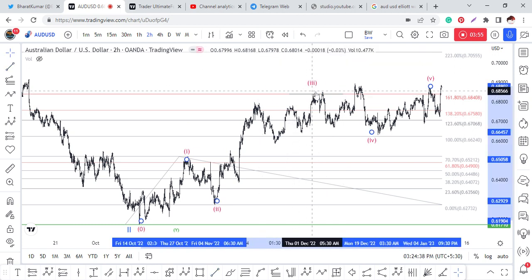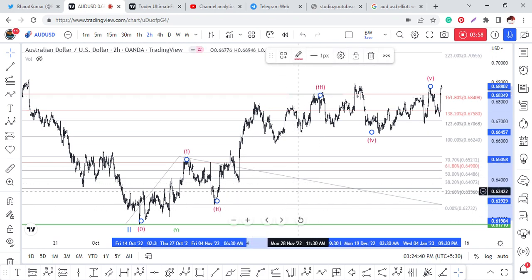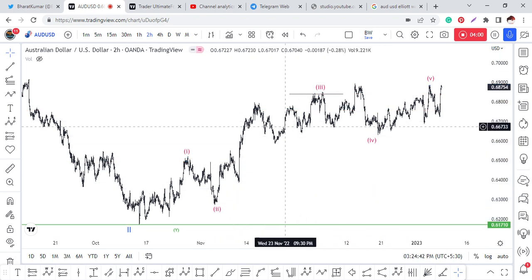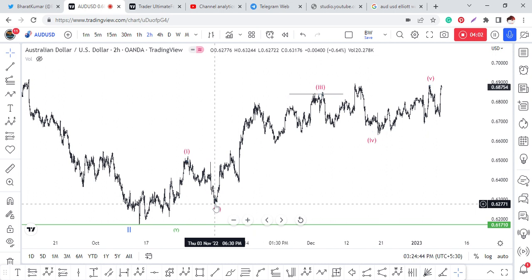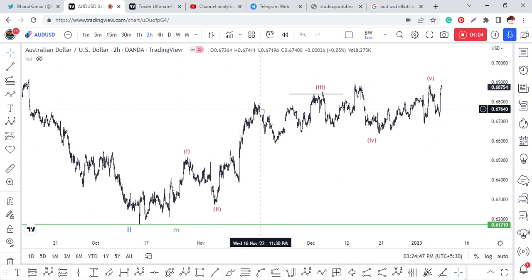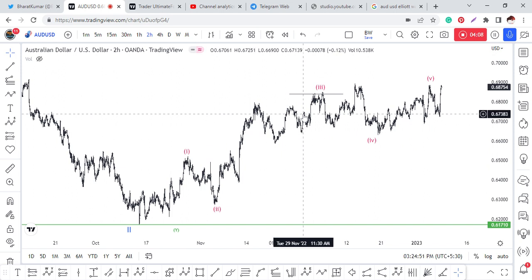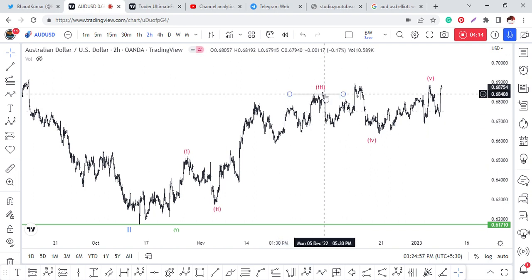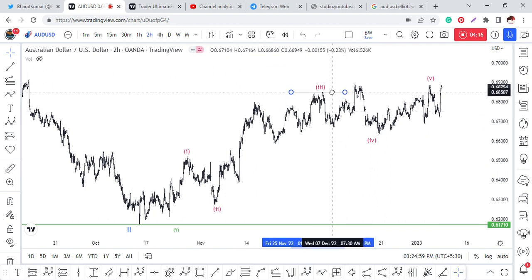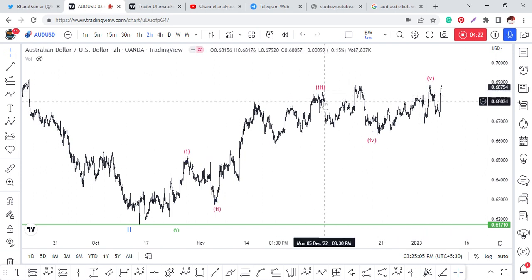So this is my third wave, and you can notice inside the third wave this is one, two, three, A, B, C, 4, and 5. In the fifth wave you can count 1, 2, 3, 4, and 5. So this is my complete third wave here around 0.68527.